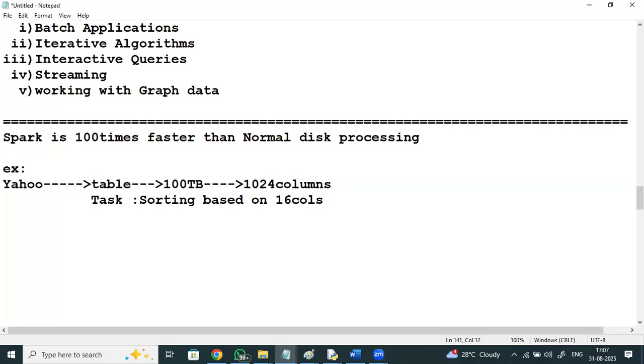So what is the time taken by different databases? First, Oracle.